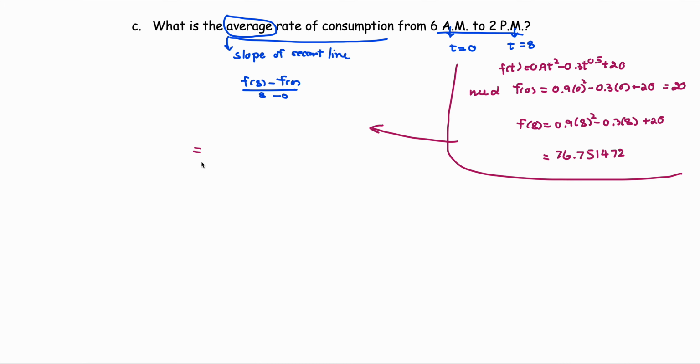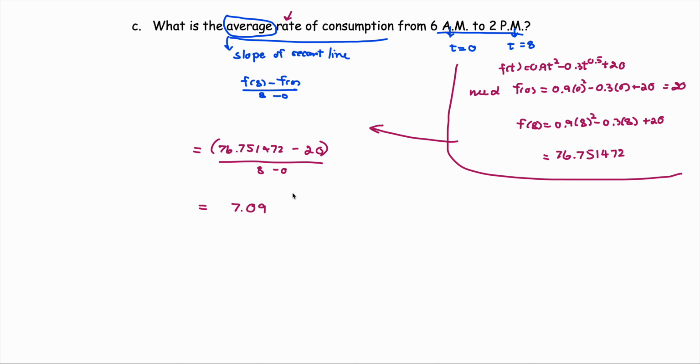So F(8) is 76.751472 subtracted by 20, all divided by 8 minus 0. Make sure you put parentheses around the quantity on the numerator, and then put in the calculator, and it turns out to be 7.09 if we keep 2 decimal places as the final form of the answer.